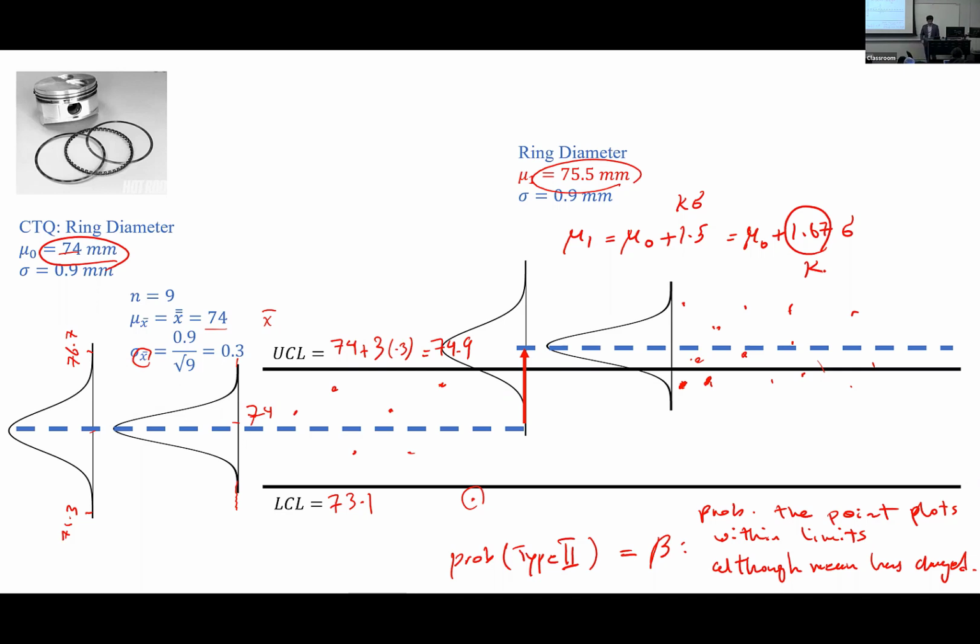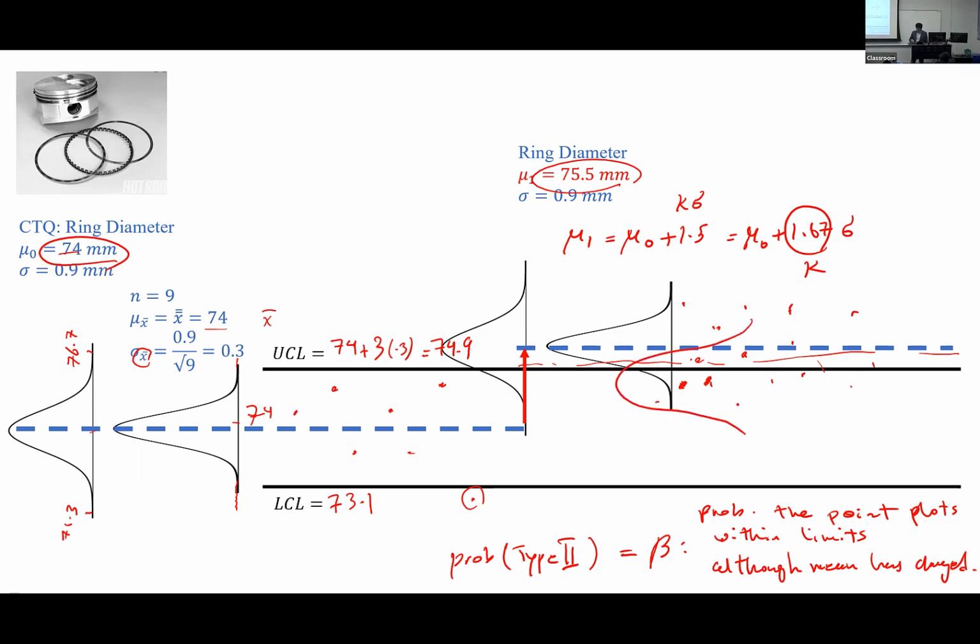Because if instead of 75.5, the amount of shift was much less, for example, from 74, you would go up to 74.5, right? So the new line would be here. And the distribution of the averages would be further down.